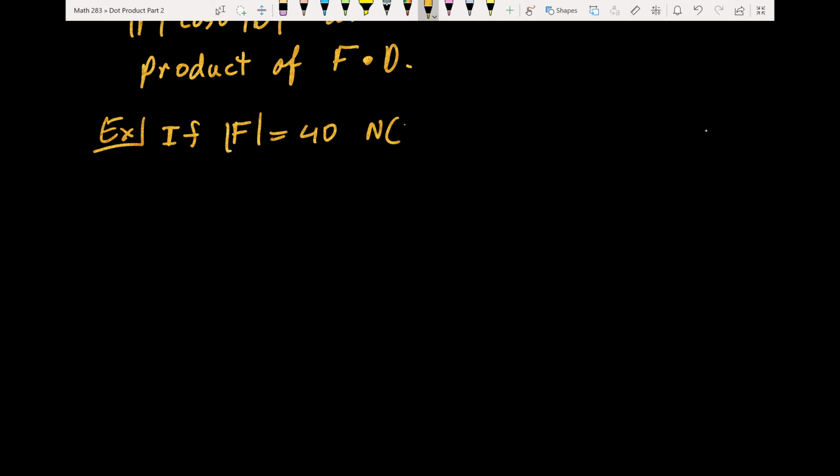And the force is in Newtons. Displacement is how far it went, and the angle is 60 degrees.